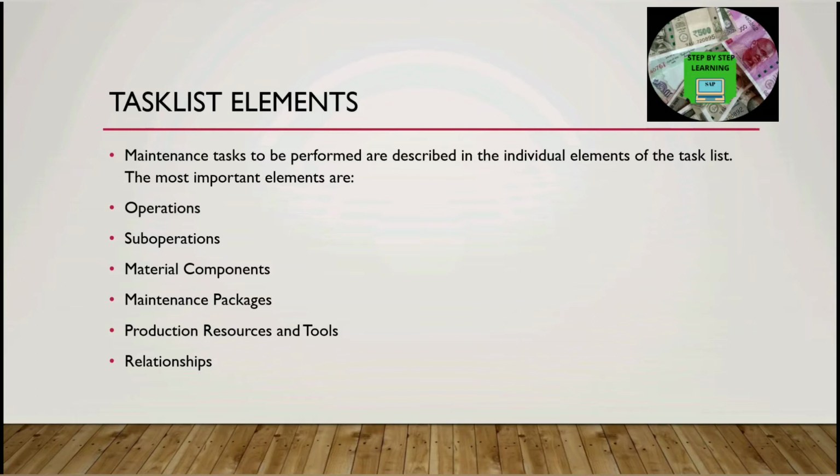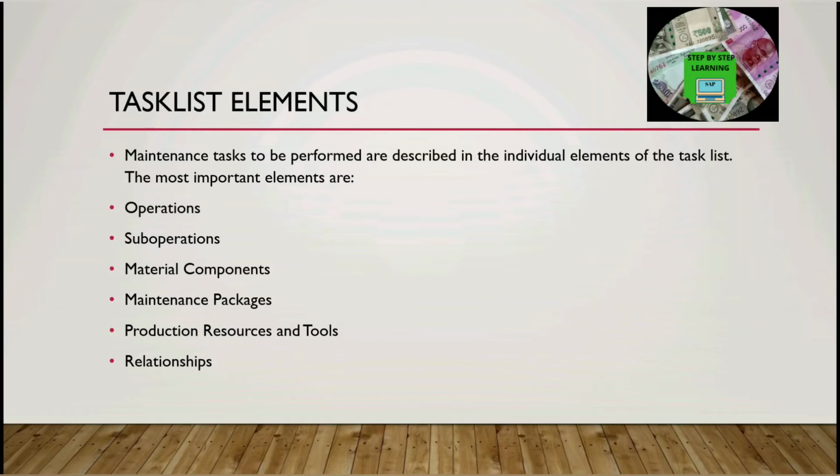Okay, so the fifth one is production resource tools. A production resource tool is nothing but the capacities which we need to perform an operation. So that will help to perform the operation. For example, if we want to do something which needs lifting of a heavy object, only then can you do the maintenance or any kind of replacement activities.